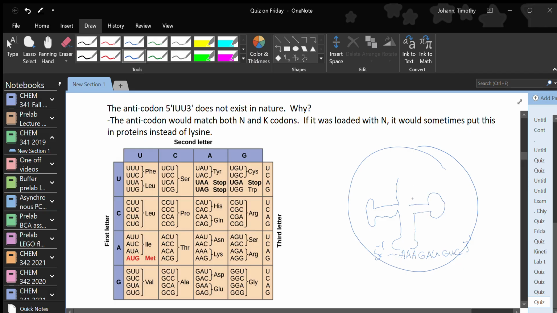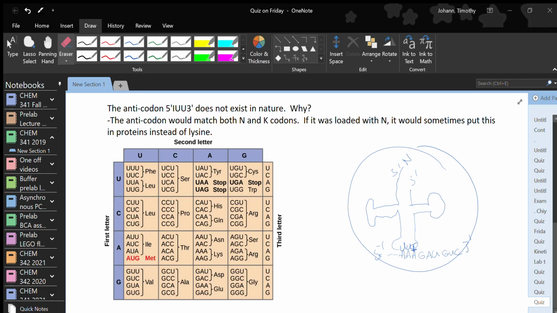Like that. And then this is our 3' end, and this is our 5' end up here. This is going to go inosine, uracil, like that. So this is an adapter, and then up here on the 3' end we would have, say, an asparagine attached.